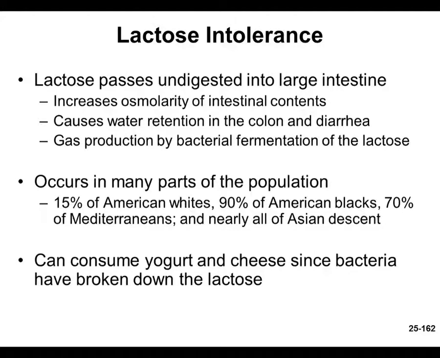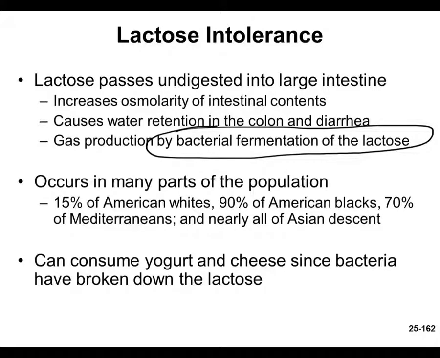Again, as I mentioned, those people who become lactose intolerant, the lactose gets all the way down, doesn't get digested, and that's where bacteria in the gut start breaking down that lactose, and that can lead to some rather uncomfortable side effects. This is more common in some individuals.